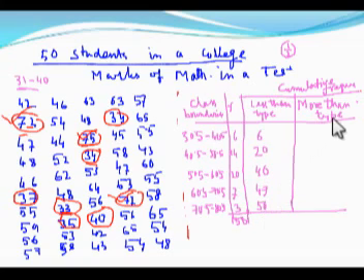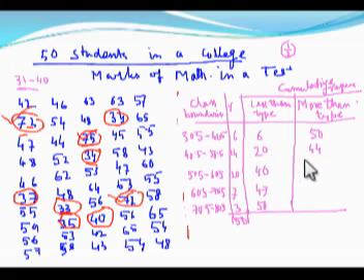And the more than type is the reverse of the less than type. We first write the total number, 50, then we subtract 6 and get 44.